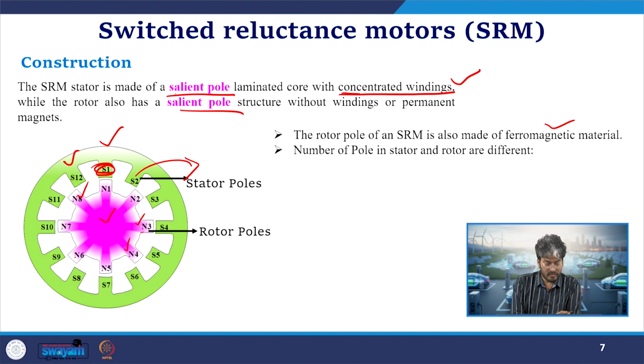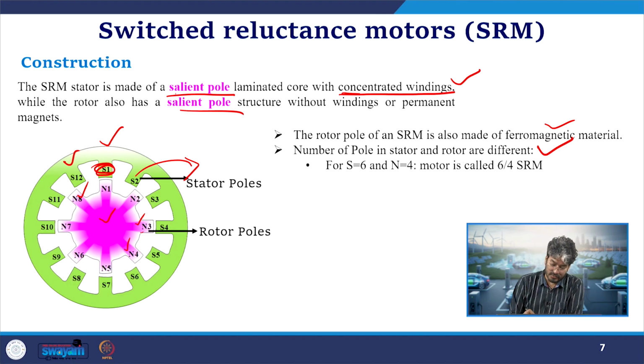We do not want magnetic locking to happen inside the SRM, because they are meant for rotating or continuously producing torque, and the rotor has to continuously move so that the vehicle can move. So this is one key thing we have to keep in mind, that the rotor and stator pole numbers should be different.